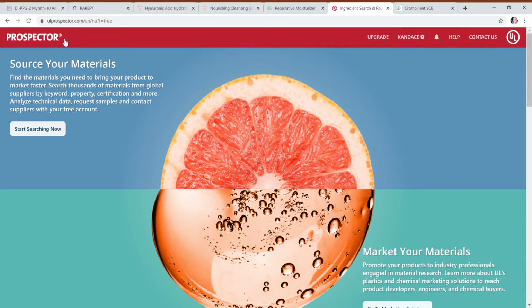UL Prospector. And UL Prospector is a site that is used by formulators and owners of skincare brands and probably distributors and people in the industry to look up ingredients and find the manufacturer and other distributors of ingredients.